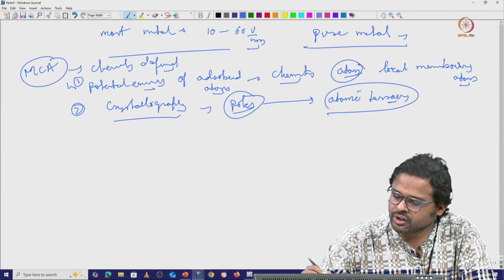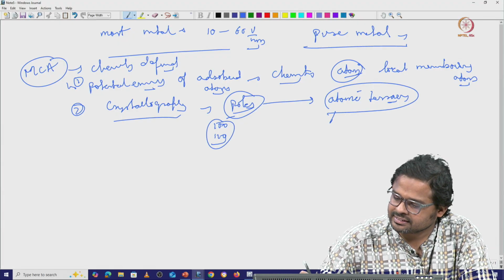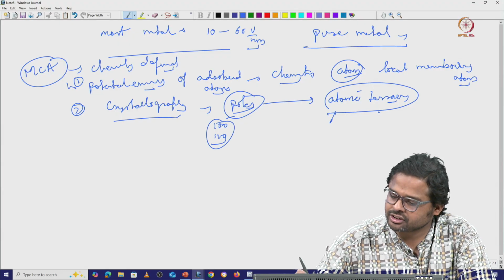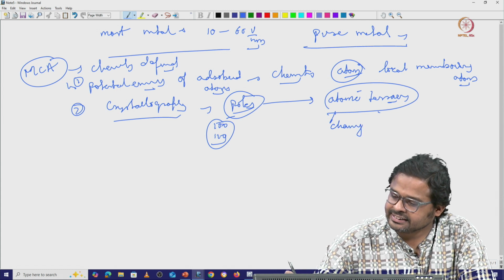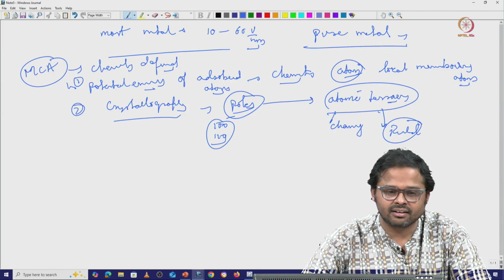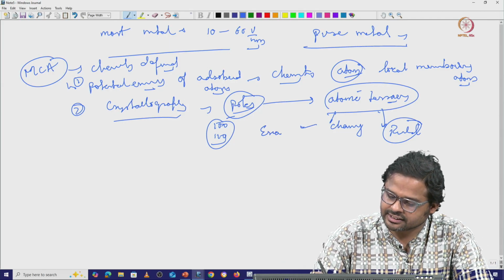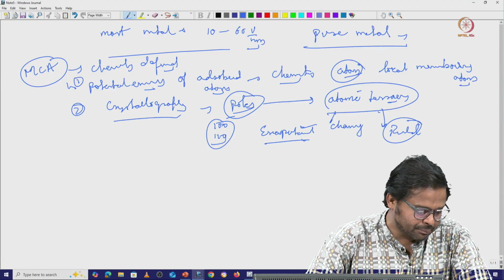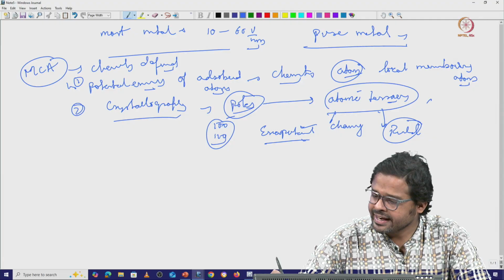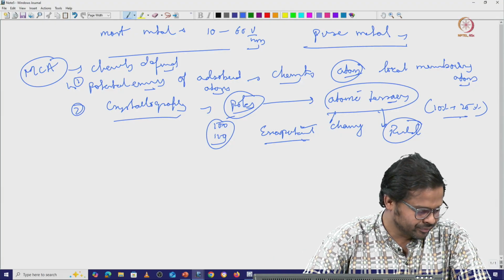Okay, so based on the crystallographic pole, either 100 or 110, the distribution of atomic terraces also changes. This will have a direct impact on the field around those atomic terraces. So your evaporation field also changes based on the crystallography of that particular tip. It may vary up to 10% to 25% from one pole to another pole.